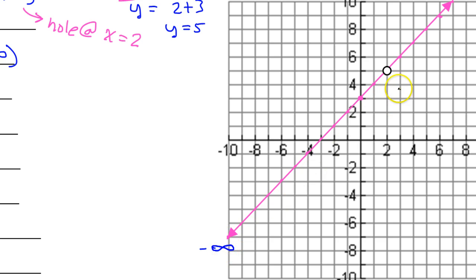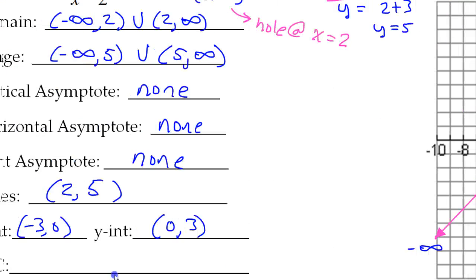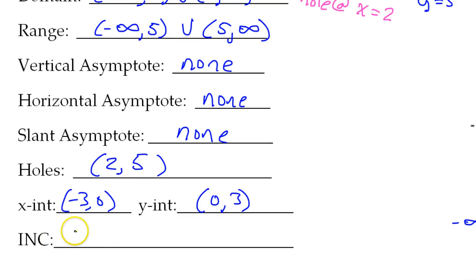So negative infinity to 2, because we're only doing x values, and then 2 to positive infinity. Again, not because it's going up, but because it's on the right. So it's increasing from negative infinity to 2, and then it's increasing some more from 2 to positive infinity.